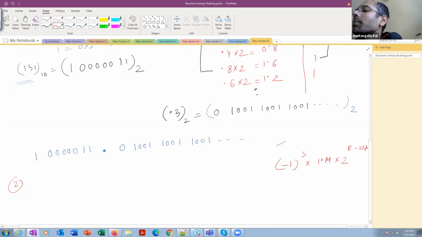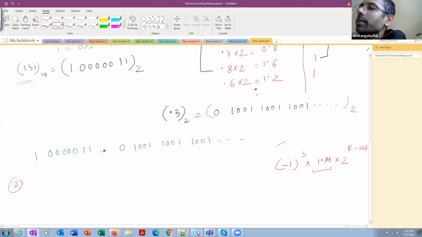After that I'm going to extract the s, m, and e parts, and then convert these to their corresponding binary form. So my next goal is to bring this point from here to here, so that I can get a term like this.